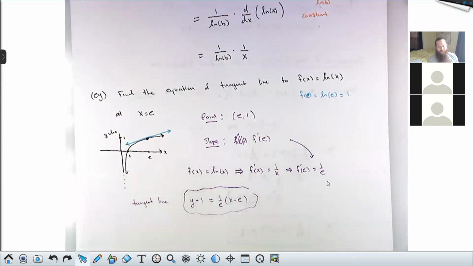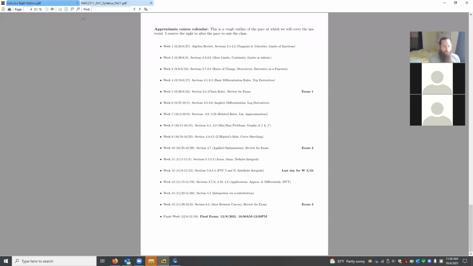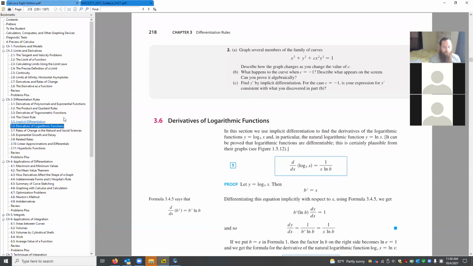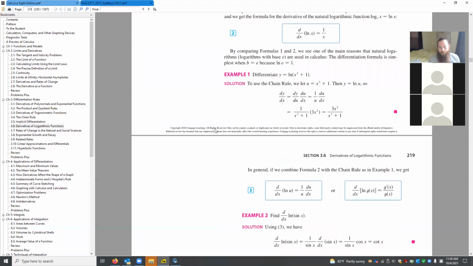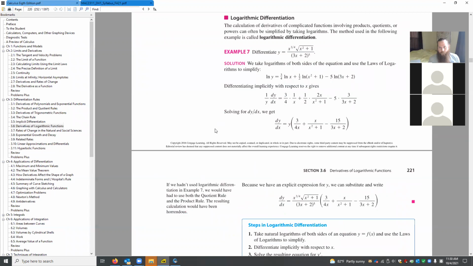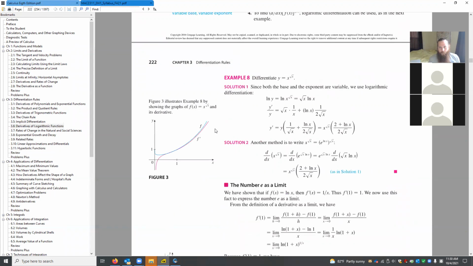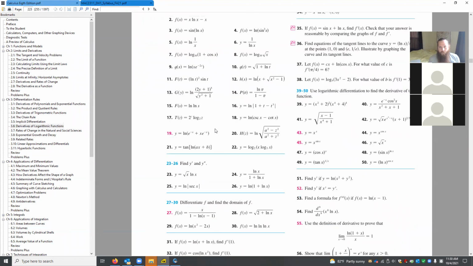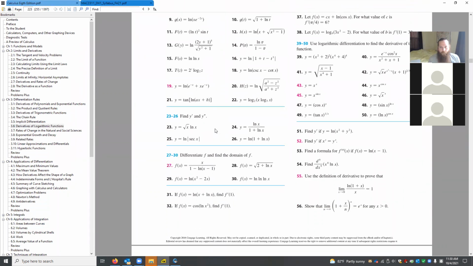Thank you. Okay. What other fun stuff can we do? This is before we dive into the logarithmic differentiation. Let's find some horizontal tangent lines. Your book should have some examples here, so I don't want to risk messing things up. Logarithmic differentiation is cool, we'll get to that.